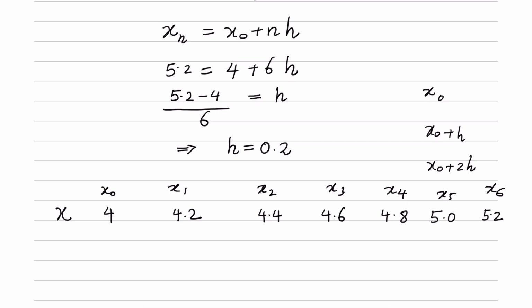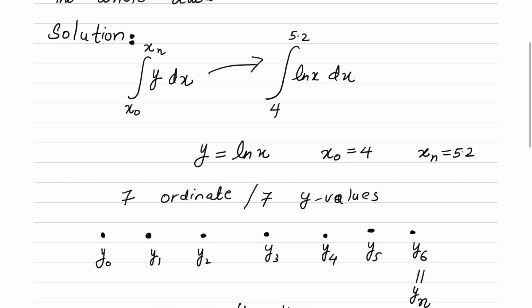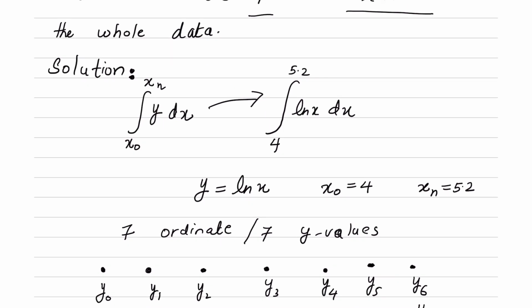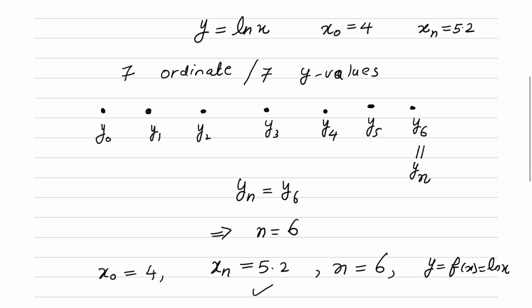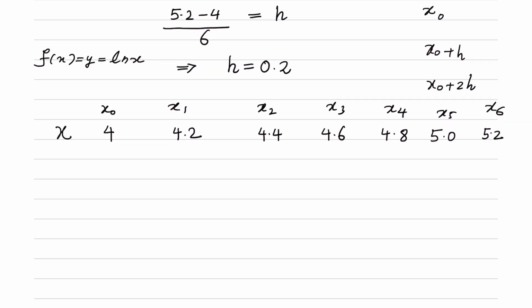And we know that in our case the function or y is equal to ln x. We have taken y equal to ln x from this integral that we have to calculate. So if we have the x values and we have the function, we can easily get the y values. So when we put x equal to 4 in ln x, we get 1.38629.